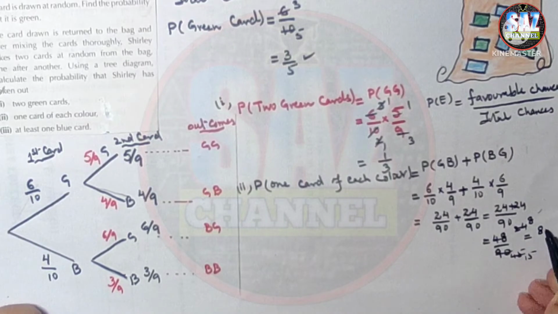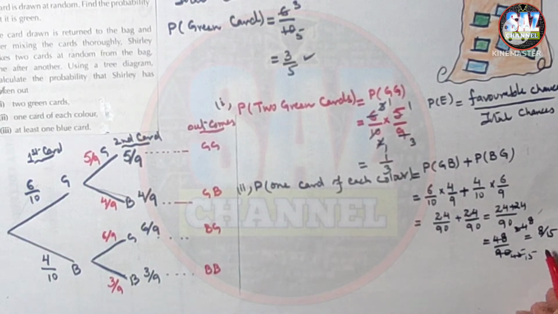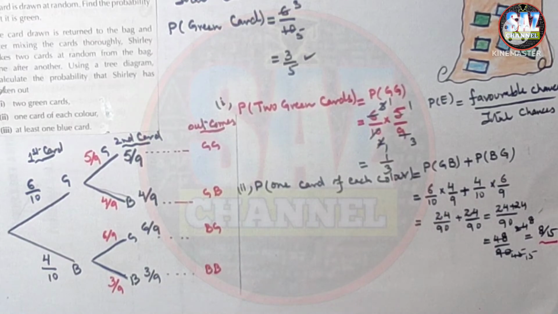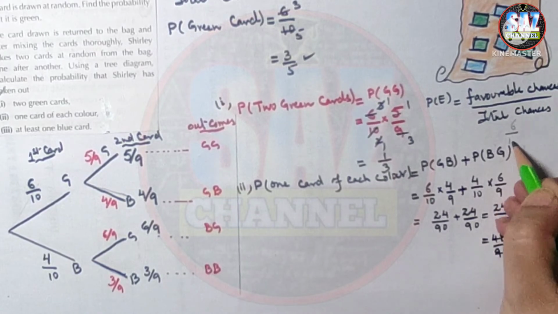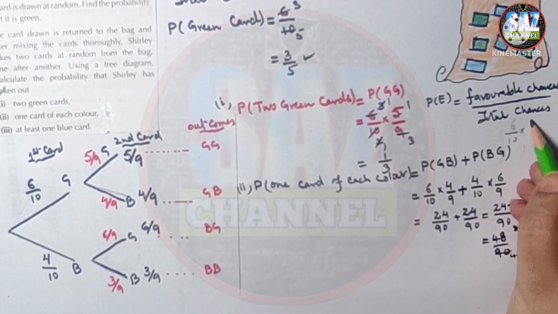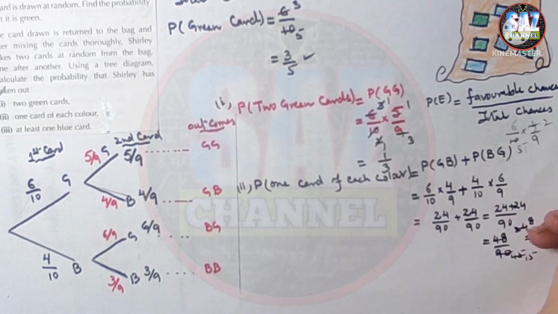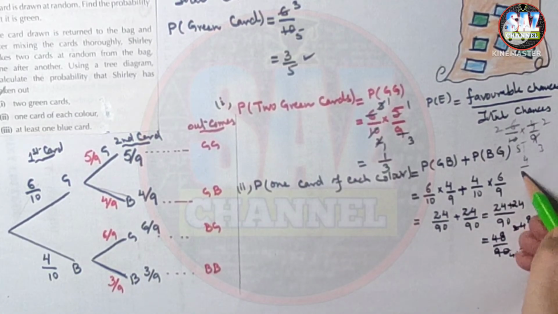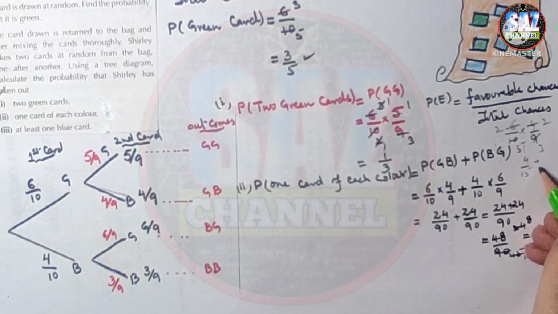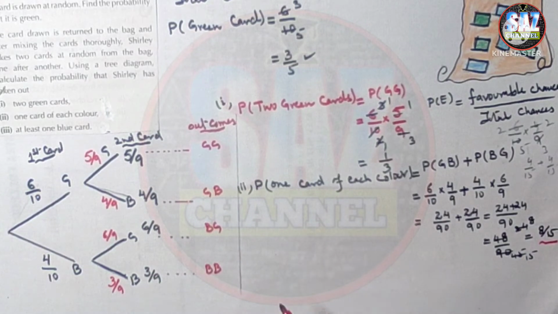Let me reconfirm my calculation, underline the answer and reconfirm the calculation. I always advise my students that before going to the next part, you must check your workings carefully. 6 by 10 multiplied by 4 by 9, 2 2s and 2 5s and 3 2s and 3 3s, 4 by 15 plus 4 by 15 from the other part. So it's okay.